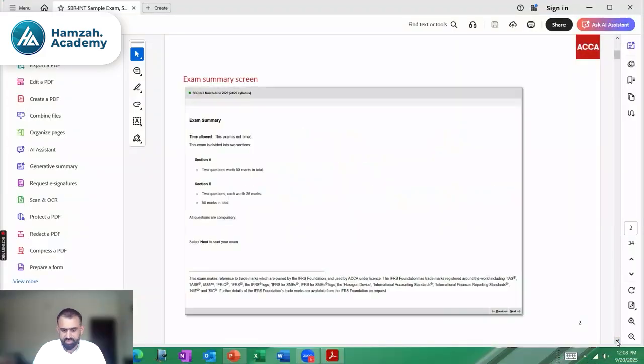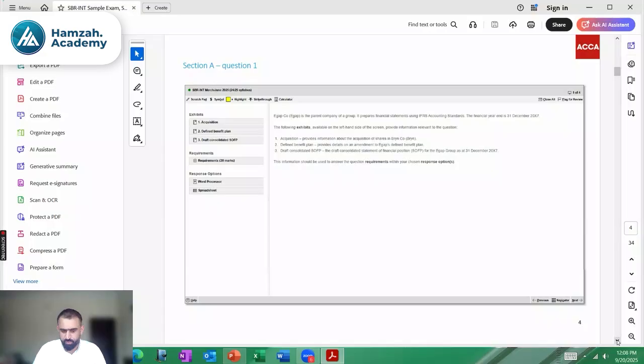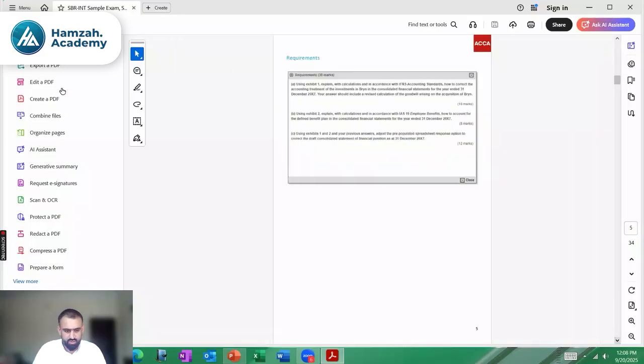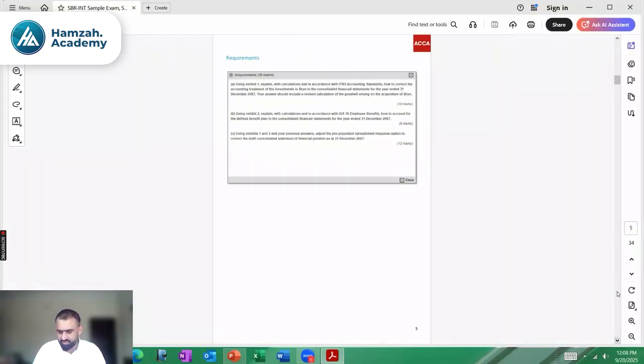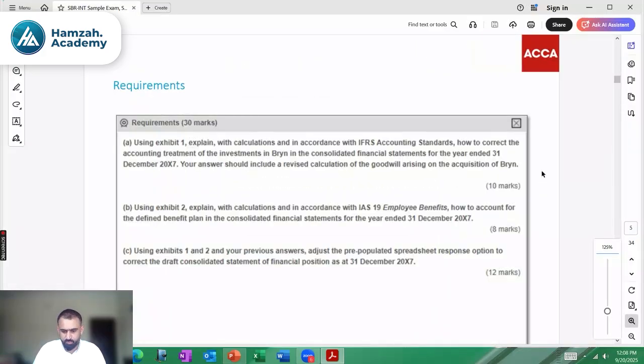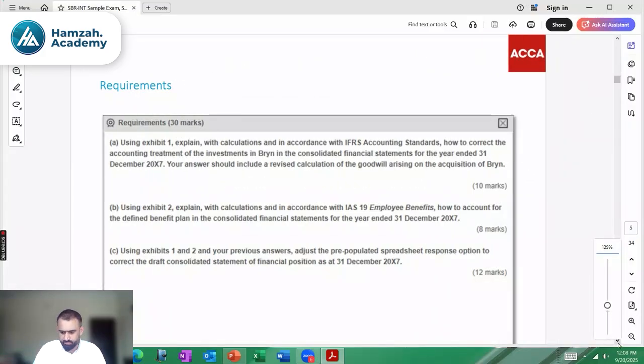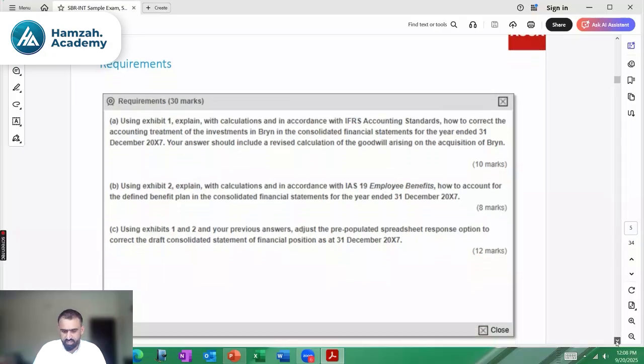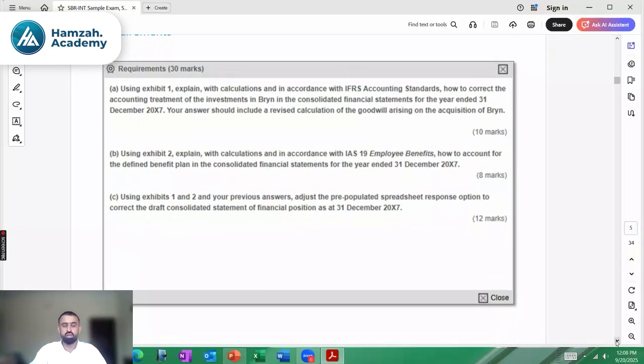So this is SBR March-June 25, EGAP company. First of all, let's read the three requirements of the question. Then one by one, we will go through each requirement.